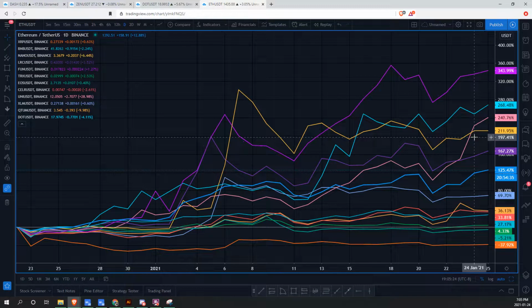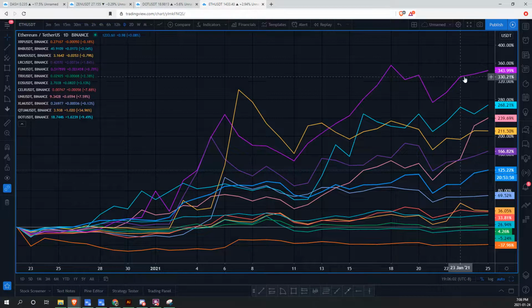Uniswap, not so much. It's done well recently, but if you look at it on a large time frame, it hasn't really. Just from a relative strength weakness perspective, I think if you're looking at it from an exchange and the anonymity that it is able to produce, and the decentralization and the desire for crypto traders and investors to want to fund and use a decentralized network instead of fund a corporation like Binance, or even like a normal financial institution, I think there is definitely some people who would prefer a decentralized network.